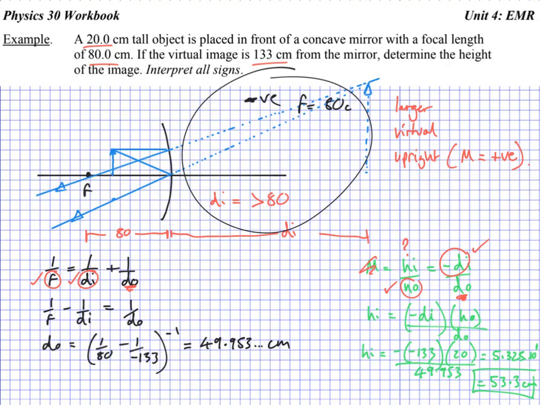And if I was to redraw this ray diagram with the object at 49, which would be about here, let's just put an actual approximation for where that would be. Well, this is 80, so it's going to be about here. This is where the object really would be, and that would give us a different ray diagram, just slightly different. So there we have it. There's the algebra part. It tells us that we have a 53.3 centimeter image.